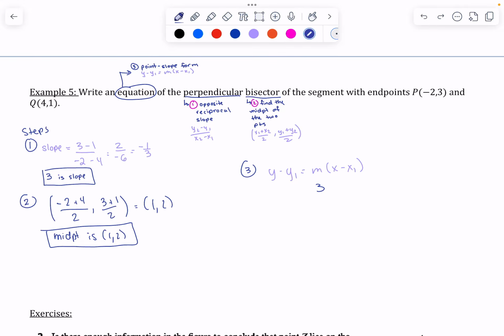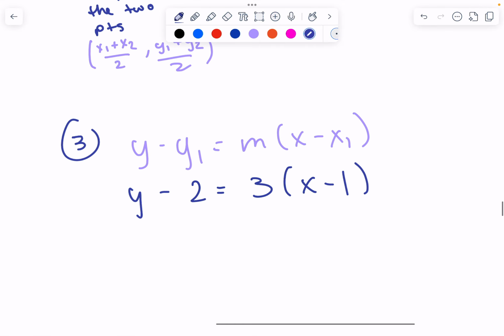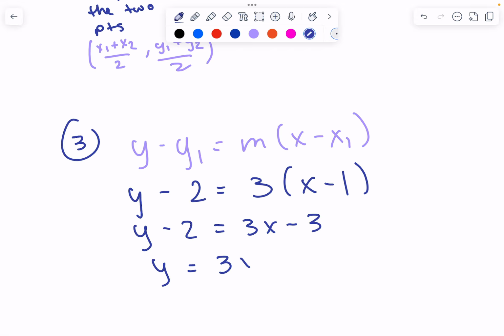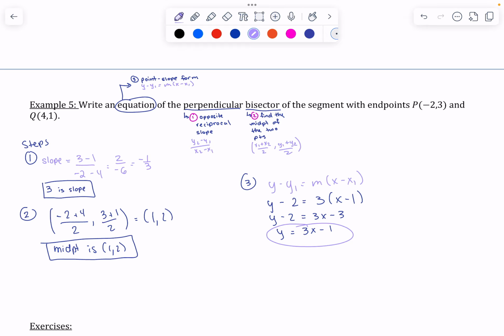So that's going to be y minus 2 equals 3 times x minus 1. And then we want to simplify this to put it in slope-intercept form. And so this is your final answer, okay? Because it wants the equation of the perpendicular bisector, and that's what that is. But it required us to do all the previous steps.